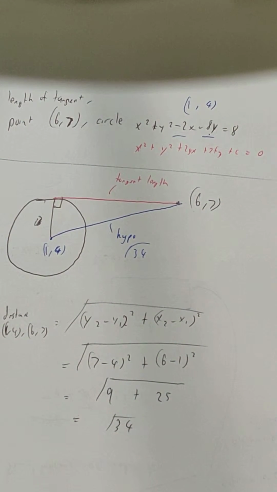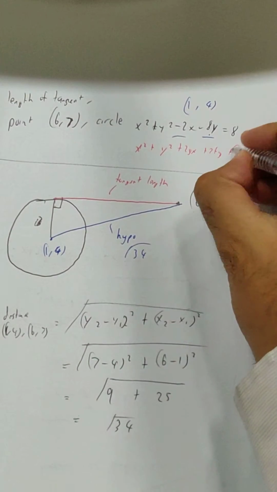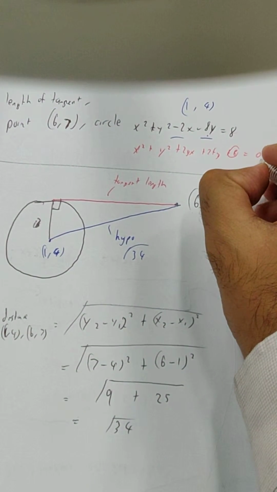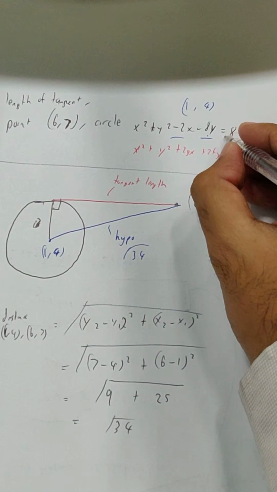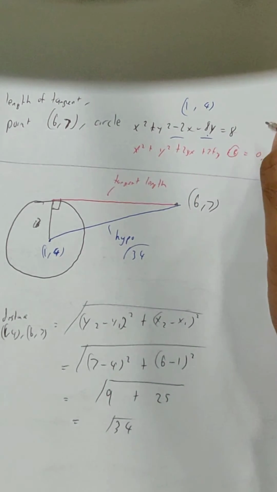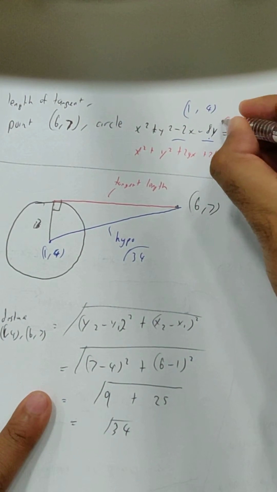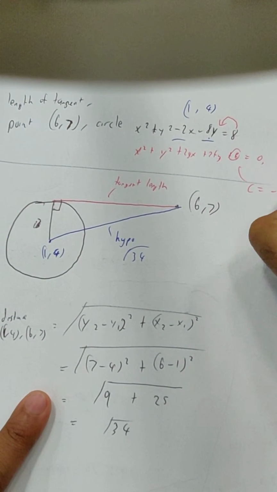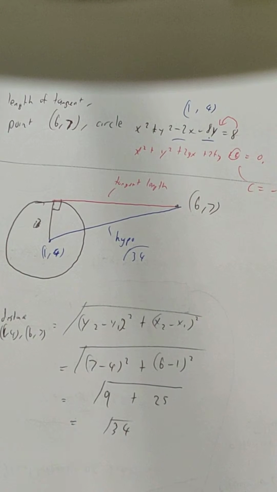Basically, which one is my c? We need to make it equals to 0. This one is not yet equals to 0. So your 8 need to bring to that side for me to get it. So I can say right now my c is -8.